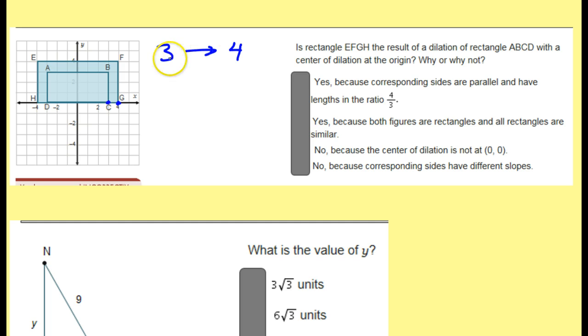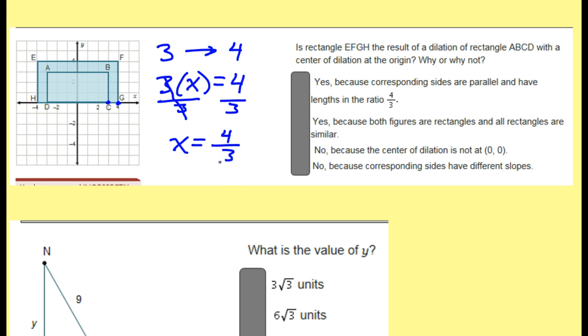So the question is, what scale factor would cause that? 3 times what would give you 4? If you want to know the answer to that, just divide by 3 on both sides. So the scale factor would be 4 over 3. Keep in mind that if this is a dilation, the scale factor is 4 over 3.